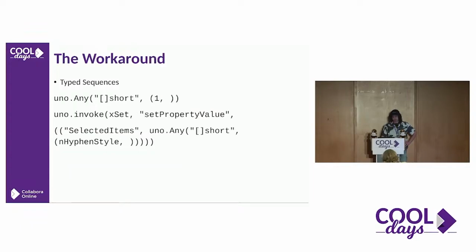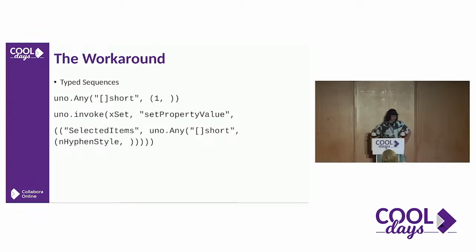But there are some edge cases where you need to go out of the Pythonic way, because in the end, the UNO API will expect very specific type sequences, and also some calls with very specific type sequences.